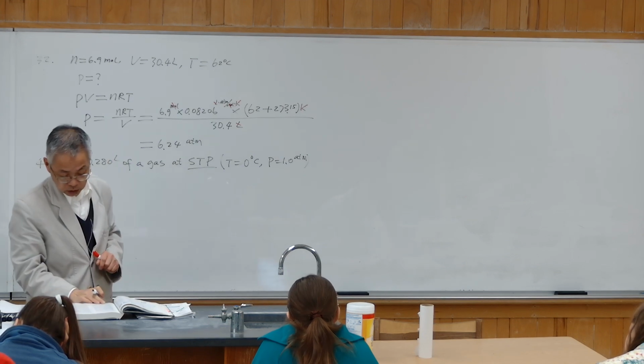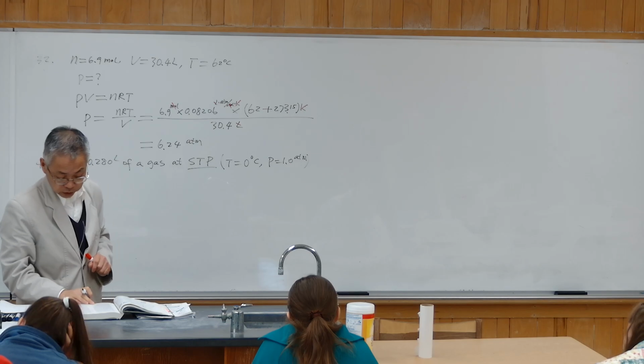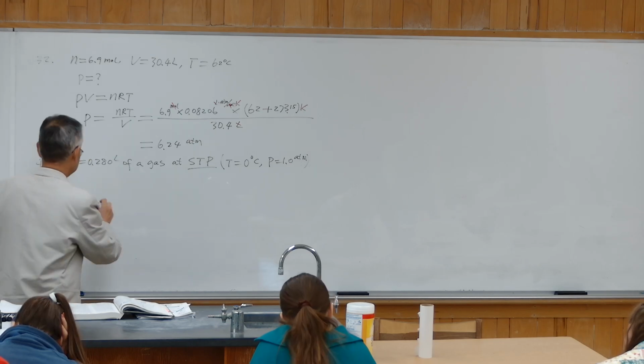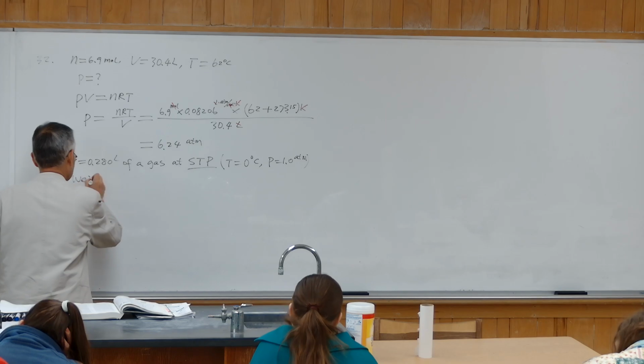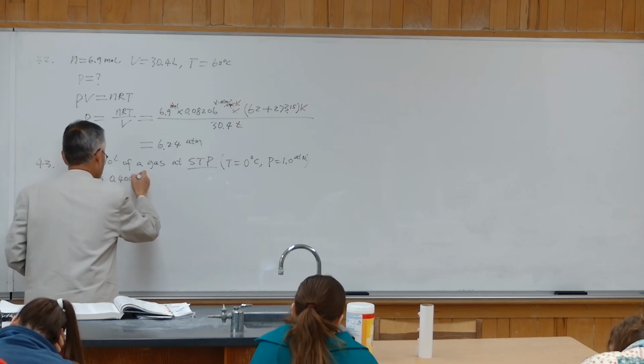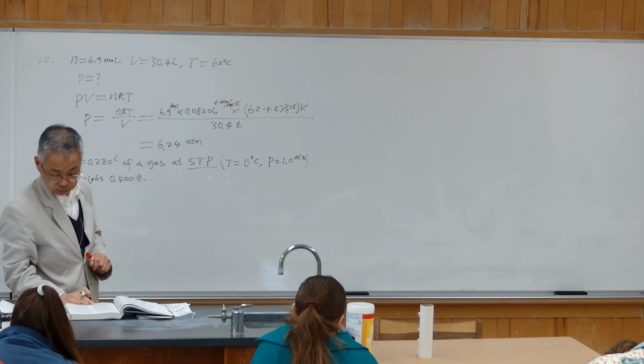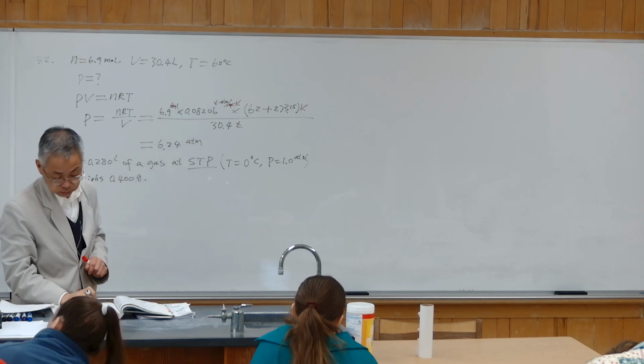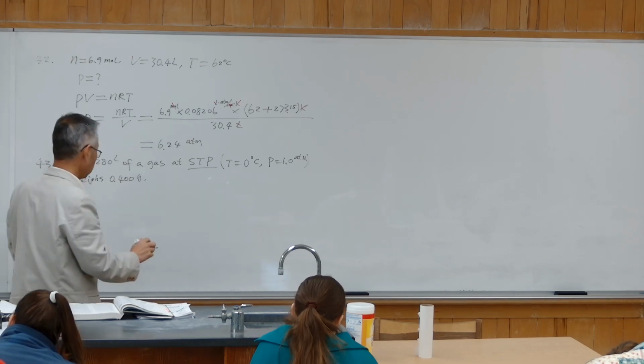The volume of 0.28 liter of gas at STP weighs 0.4 gram. The mass is 0.4 gram. Asks you to calculate molar mass.